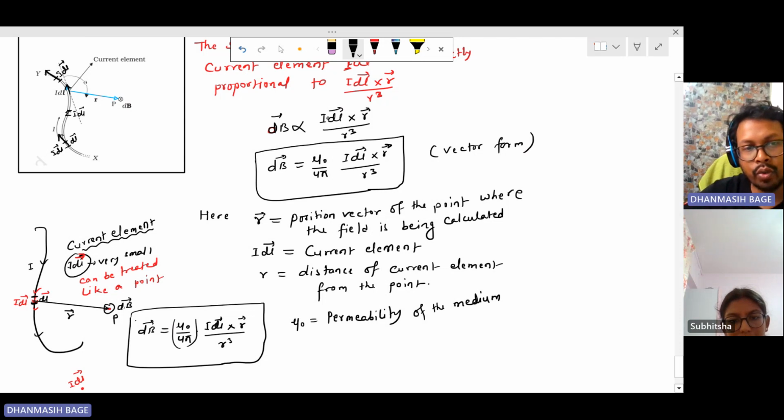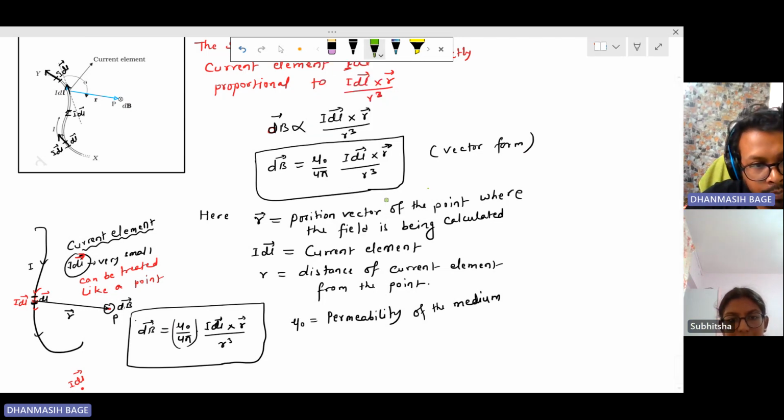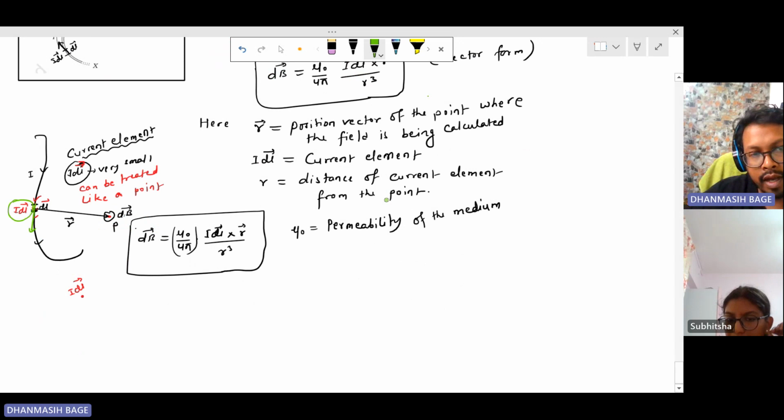So at this point, what is the direction of the current element? It is in this direction, right? This is the I dl vector and this is the magnetic field. Now just use the cross product, I dl cross r vector. What is this? Right hand thumb rule.